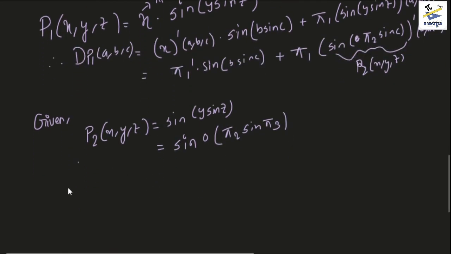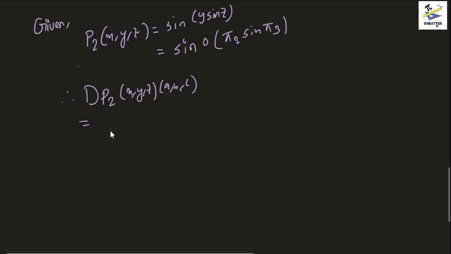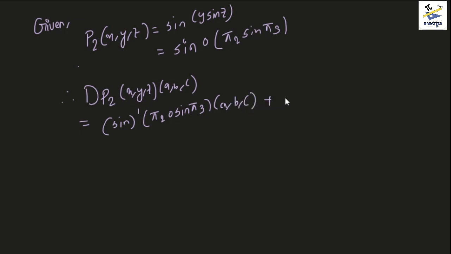Therefore dp2 at the point ABC is simply equal to the derivative of sine at the point ABC, multiplied by pi 2 sine of pi 3 derivative at the point ABC.